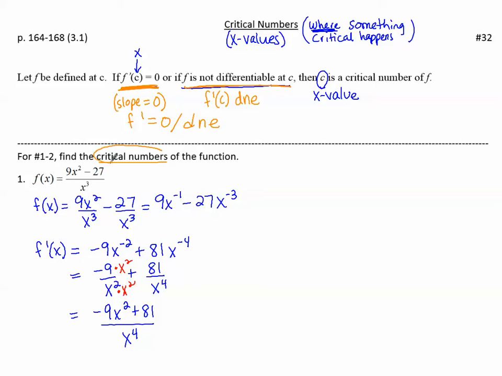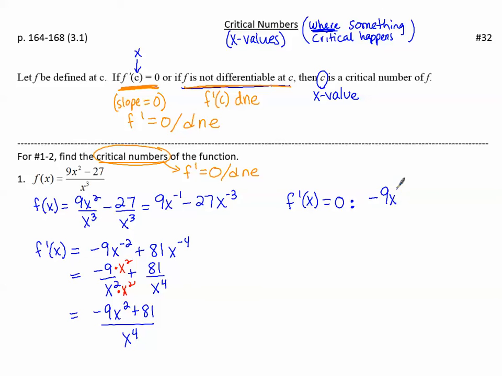What do we do with our derivative? So again, remember, critical numbers, that's where f prime equals 0 or does not exist. Let's start with where f prime of x equals 0. Here is our derivative.